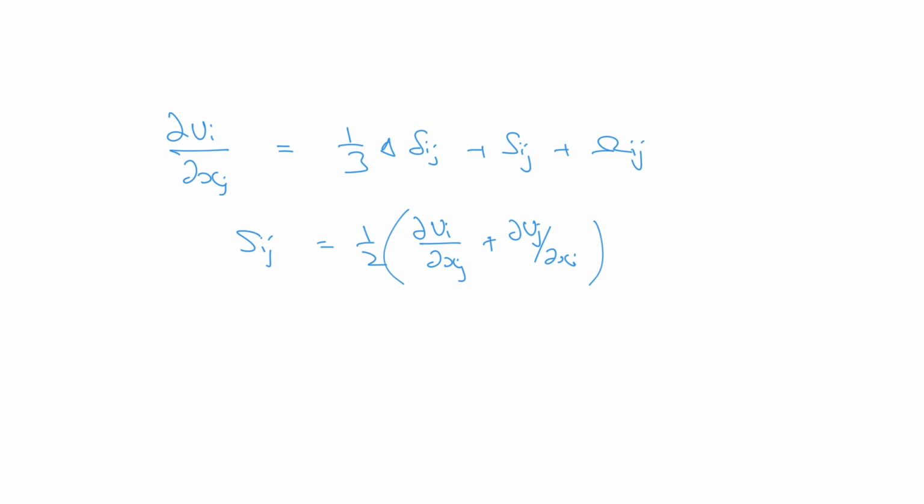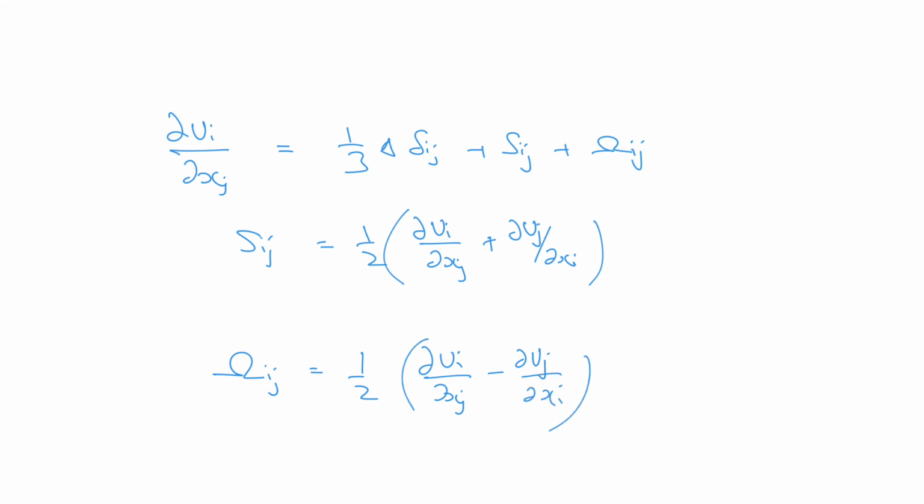So this we have already seen. And then you have this Ωij, which is ∂ui/∂xj minus ∂uj/∂xi.